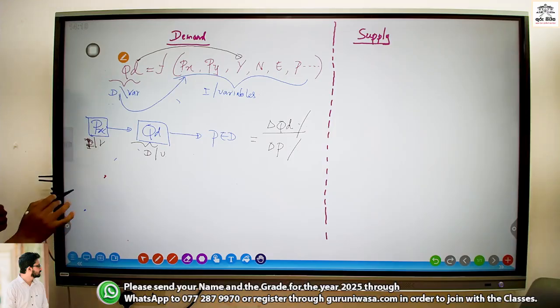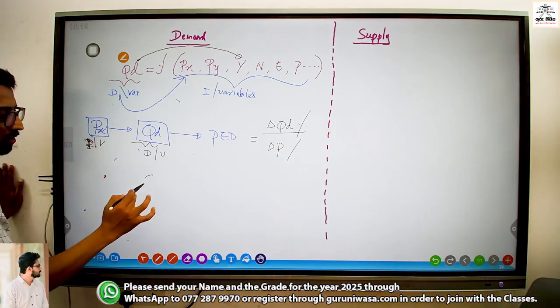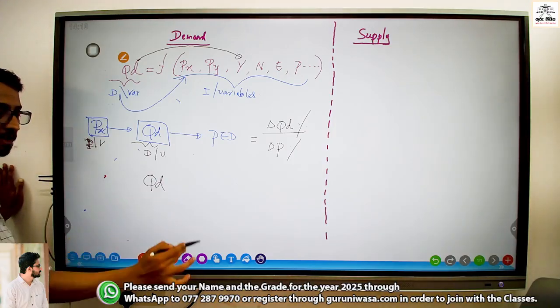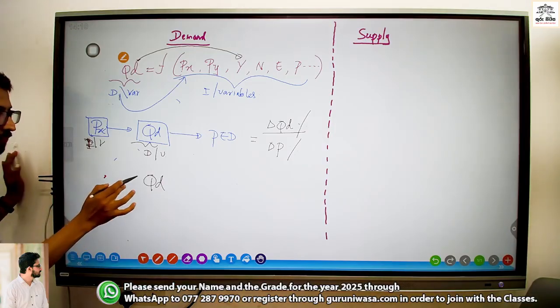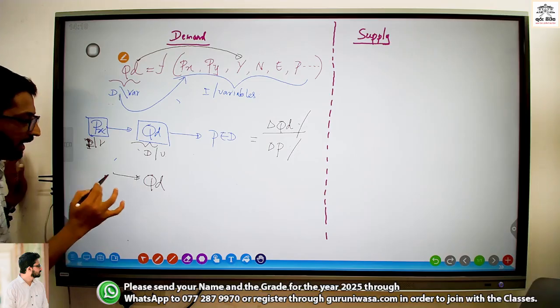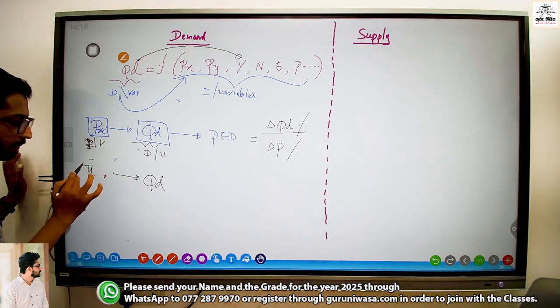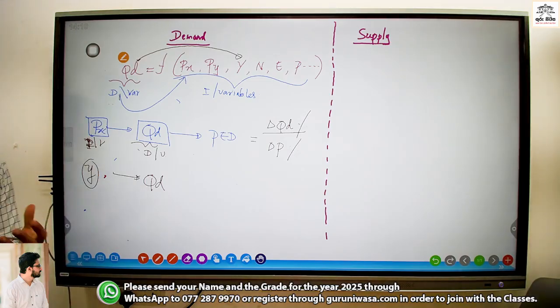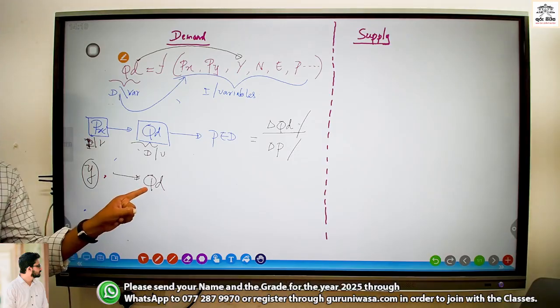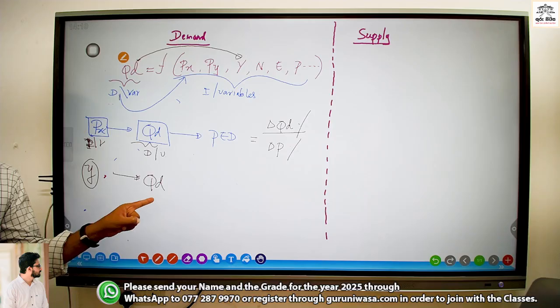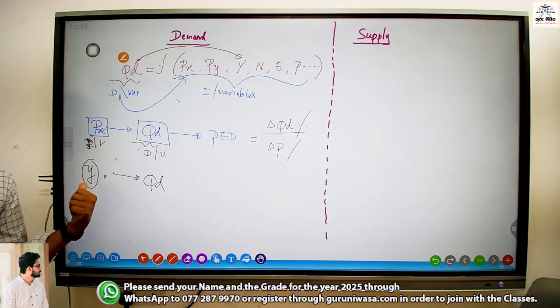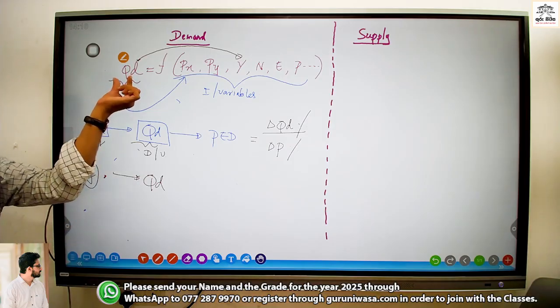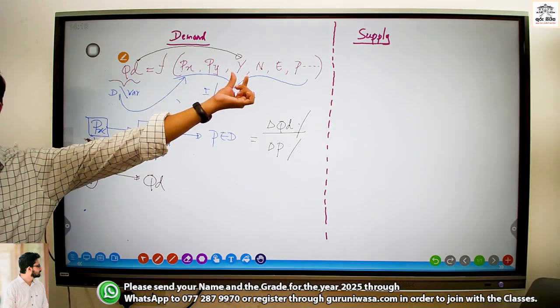Look at the board. We calculate separate elasticity for quantity demand and buyer's income level. What does it measure? It measures the responsiveness of quantity demand to change in buyer's income level.